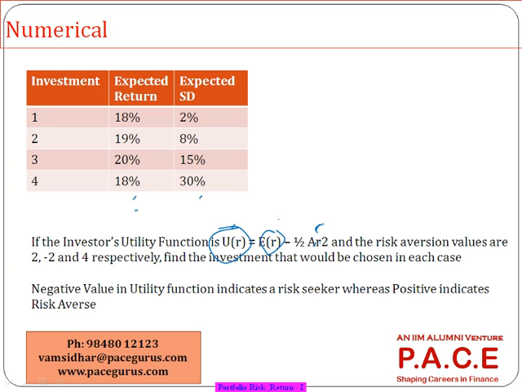High standard deviation means something minus the value, so the overall value should be negative for a risk taking investor. Overall utility should be positive for a risk averse investor, and probably close to zero for a risk neutral investor.